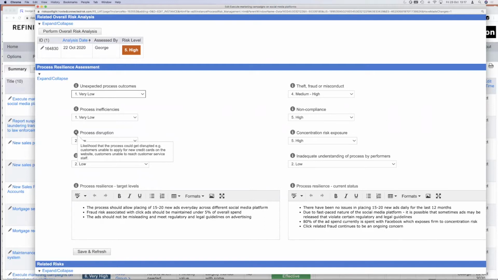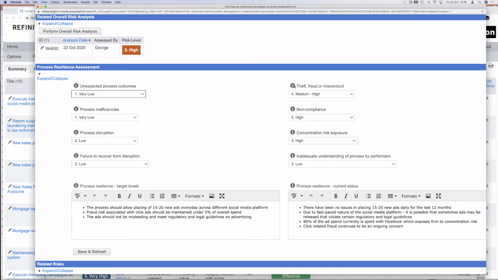If it is a very manual process, or if it is relying on some 20-year, 25-year-old IT system that keeps breaking, then you would say that the likelihood of this process getting disrupted is high. And if that process gets disrupted, then what is the likelihood that we will not be able to quickly recover? So then you define that particular measure.